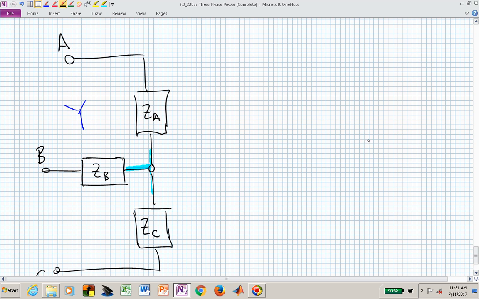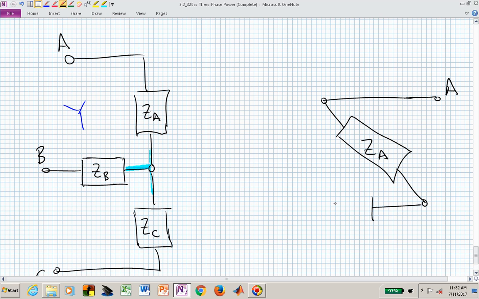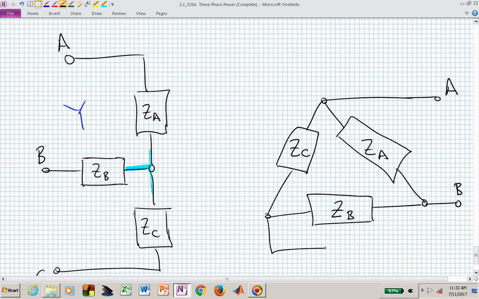is going to now, let me put the A phase here, impedance. And let's now, the way that's written, let's say that this is now the A terminal of that impedance. Connected to that is the B phase load, and connected to the B is the C phase.